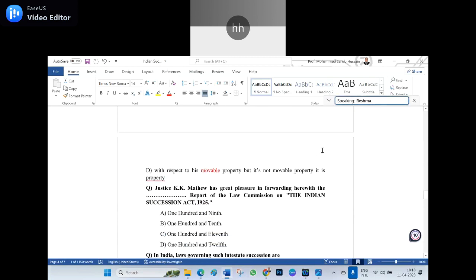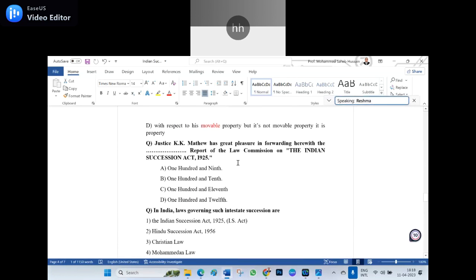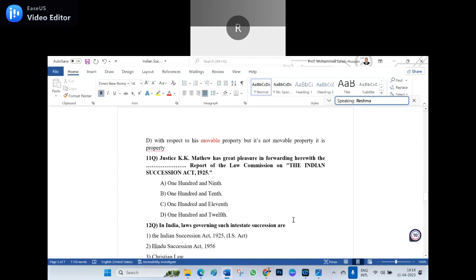Now let us see the 10th question. Now the 11th question, read. Justice K.K. Matthew has great pleasure in forwarding herewith the dash report of the Law Commission on the Indian Succession Act 1925. A, 109th.